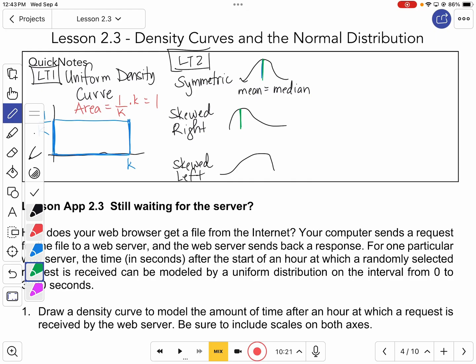The median's always going to fall at that tallest part of the curve. And the mean's going to fall a little bit away from it. So in the first one, median is less than the mean. And in the other one, median is greater than the mean.